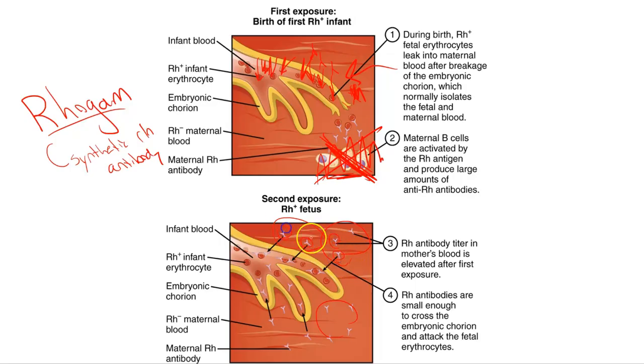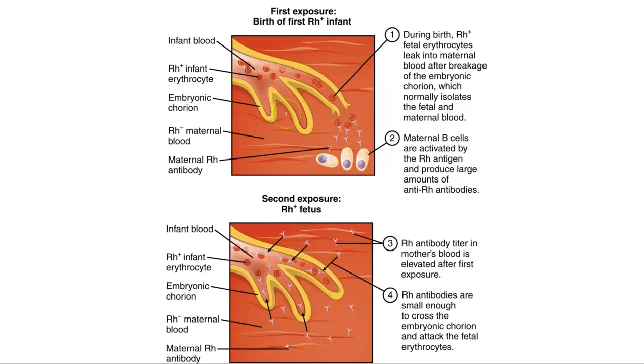These would only be hanging around on the second pregnancy if mom had an immune response that activated their production on the first delivery. But with administering RhoGAM, it prevents that immune response from happening. You're basically giving mom passive immunity to something for a very short amount of time, and then that clears and it prevents the immune response. So a pretty clever mechanism there to prevent hemolytic disease in the newborn.